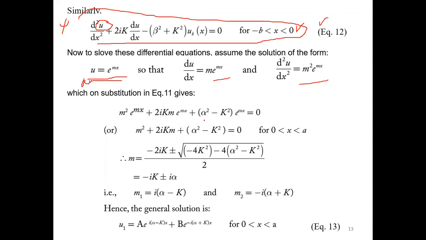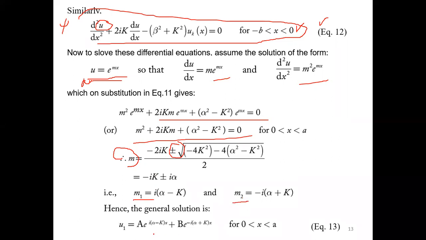If you substitute it in equation number 11, you will have this thing. And then to simplify this, we can find the value of m. Here is a plus minus sign, so m will have two values, one is m1, another is m2.